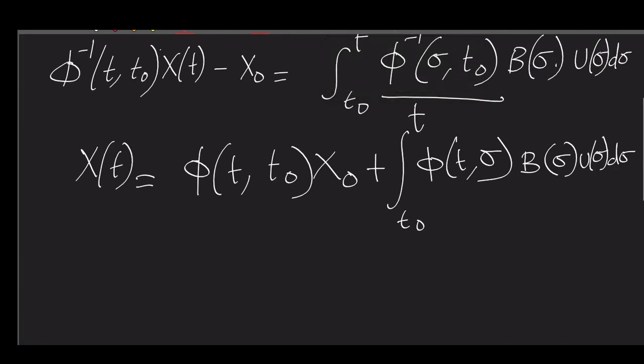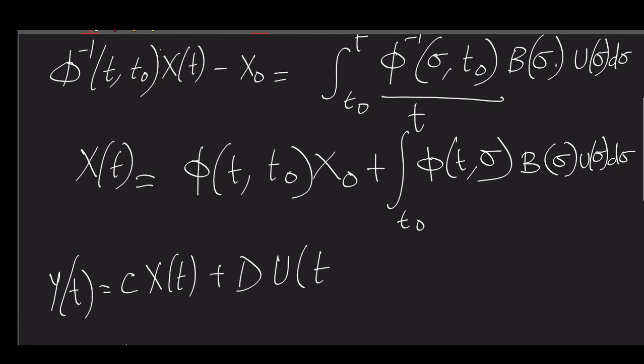So this is our end outcome. I hope you have enjoyed the beauty of how selecting our state transition makes everything very simple. Now your y(t) will be what? C x(t) plus D u(t), which with this state transition you can write.